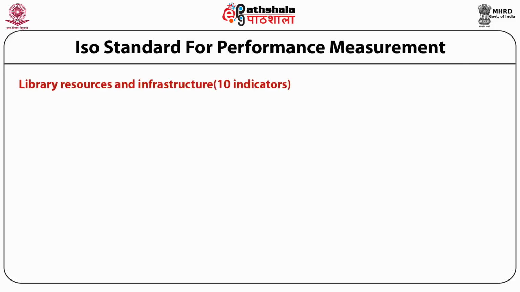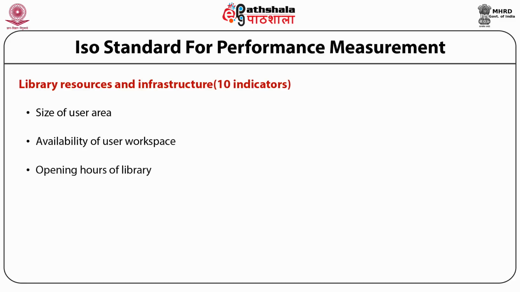Library resources and infrastructure is represented by 10 indicators. These are size of user area in the library for study and research, availability of user workspace, and opening hours of the libraries. 3 indicators.